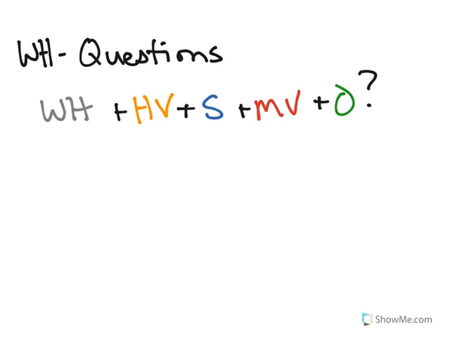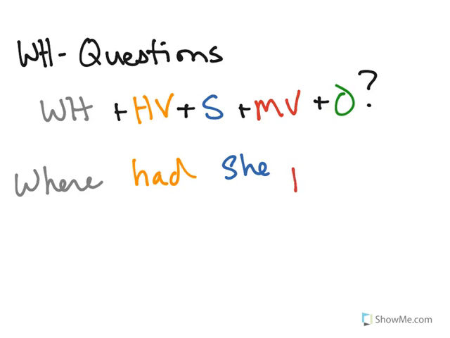So I might say something like, where had she played music? And of course, my answer is going to be some kind of information that answers the question of where. She had played music before, when she was in her home country.